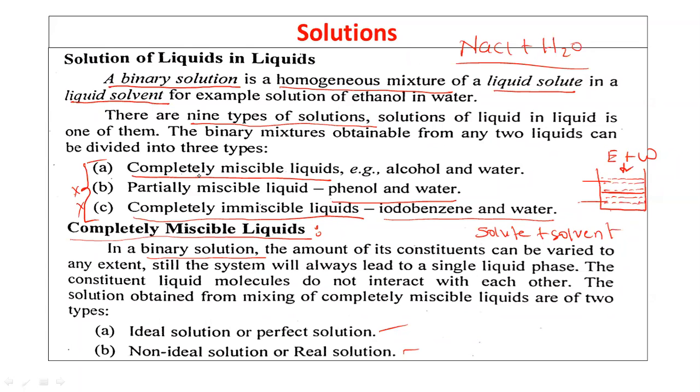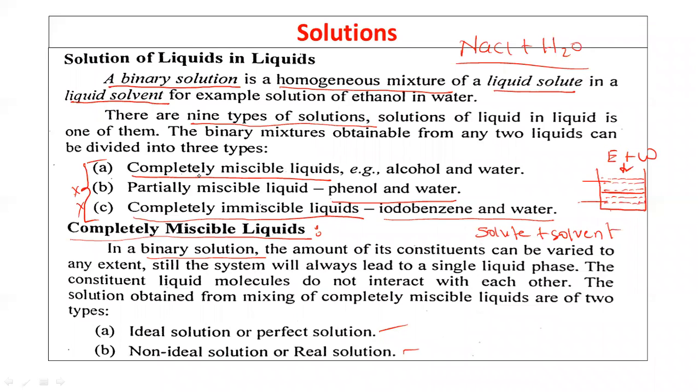Actually, there are 9 types of solutions, but in this case we want to discuss only the solution of liquids in liquid. The same can be applicable to solutions of solids in liquid, solutions of gas in liquids, like that. But in this topic, we discuss solutions of liquids in liquid only.